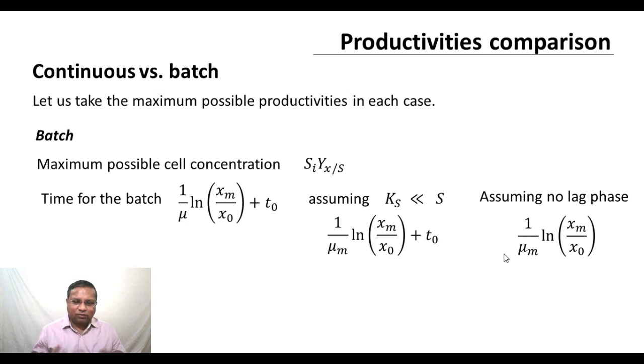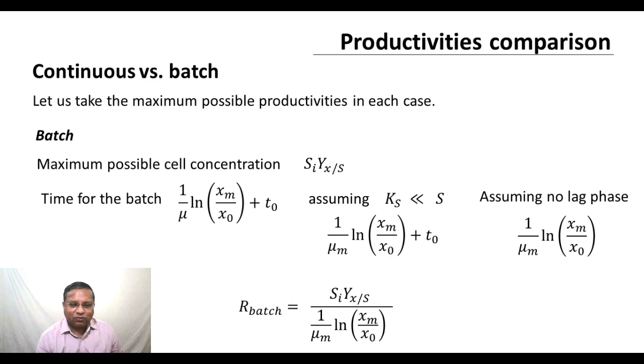I am doing all this to get an idea of the ratio of productivities. If the lag time is significant, you can always add that for comparison. I am trying to do that on a generic basis, so I am taking the simplest case that is possible, but which is still representative. So the productivity of batch is the maximum possible cell concentration SI Y_xs divided by the time that it takes for the batch.